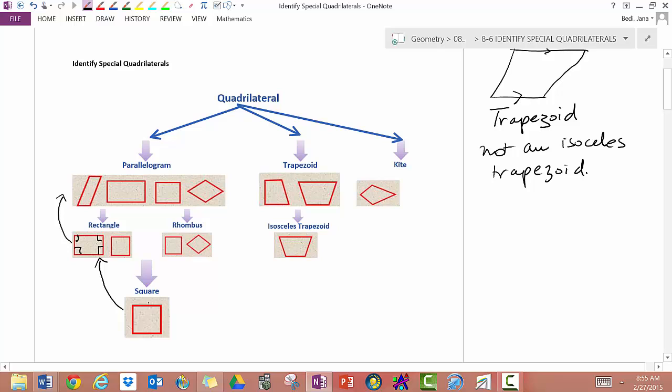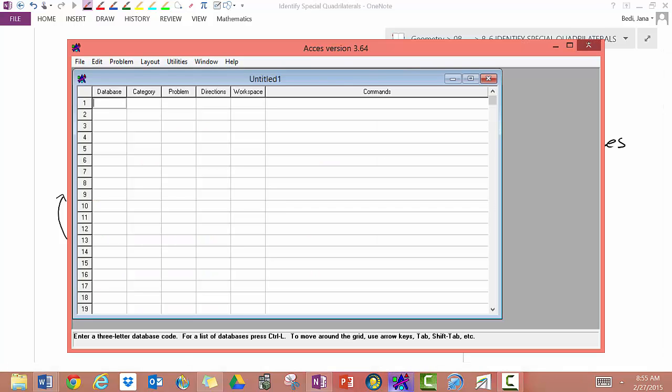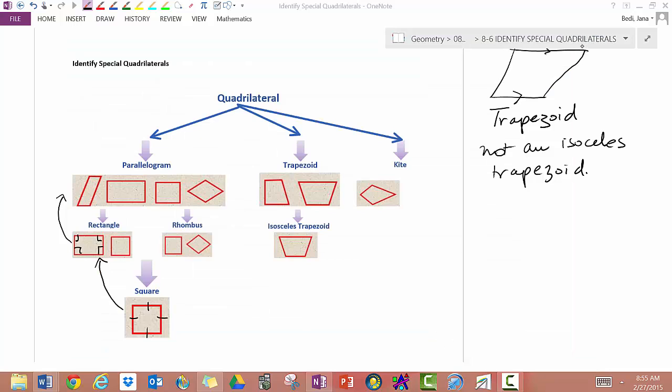So the square is a rectangle with four congruent sides. A rectangle is a parallelogram with four congruent right angles. A parallelogram is a quadrilateral.